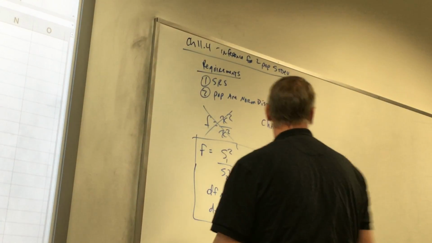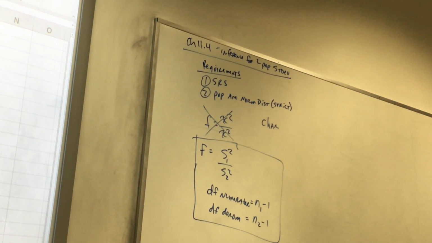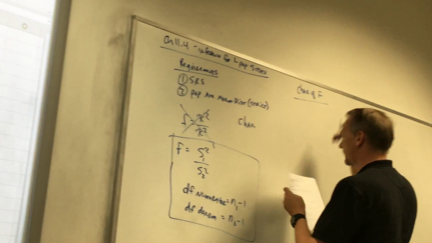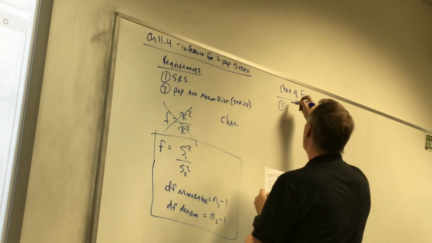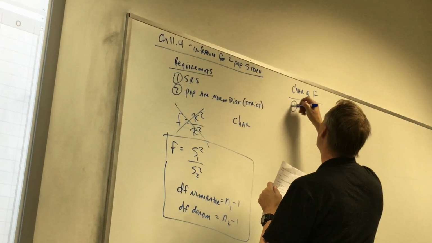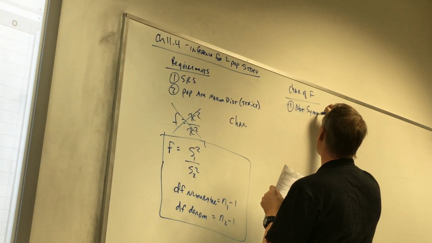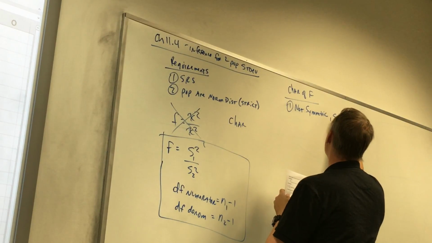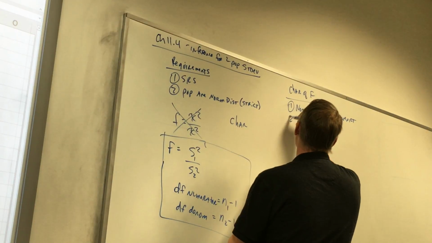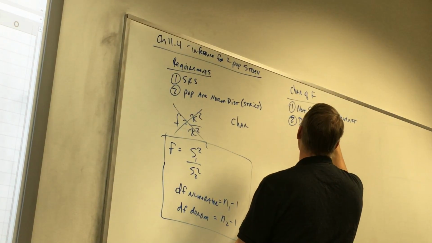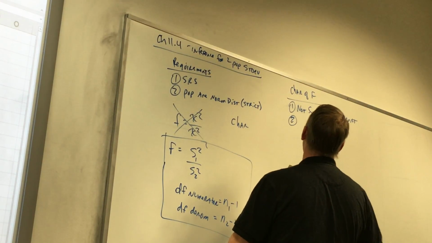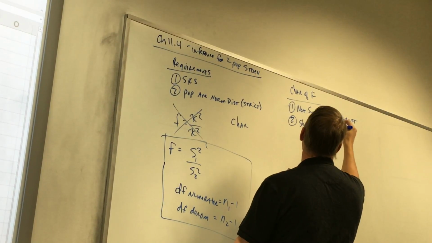Maybe I should just show you this really quick before I get into that. Now, here, I'll do this first. The characteristics of the F distribution. Okay? Number one, as we mentioned, it's not symmetric, and it is skewed right. Number two, your shape depends on your degrees of freedom.